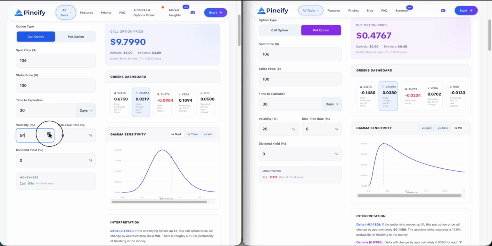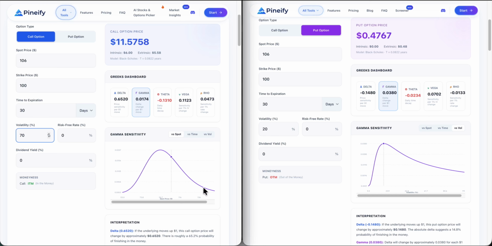The gamma increased, you see, because it went from 0.0124 as we had in here. It went up because, as you saw, the set of possible outcomes not only becomes narrower.